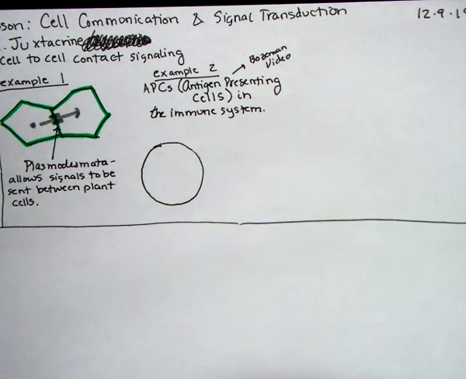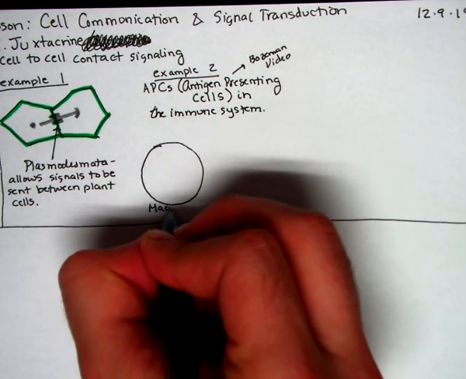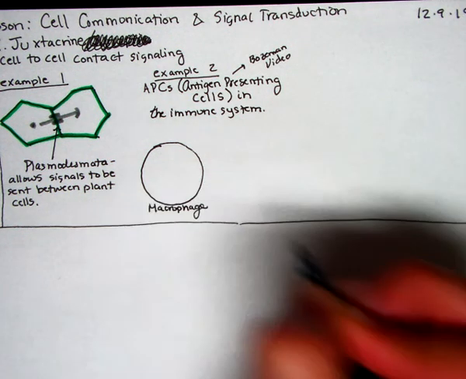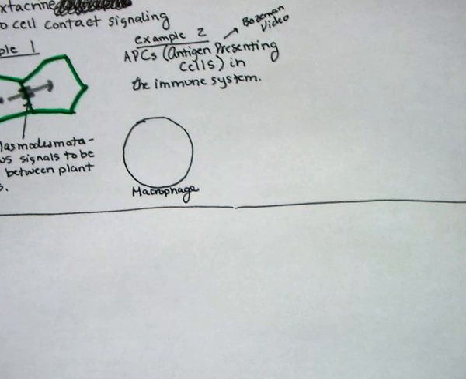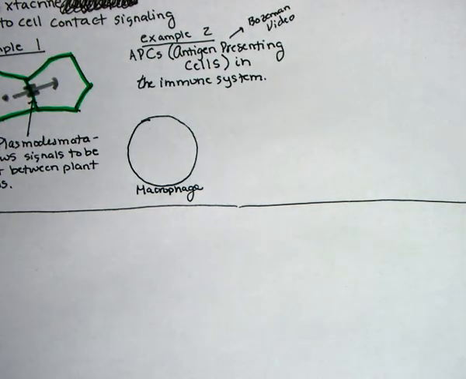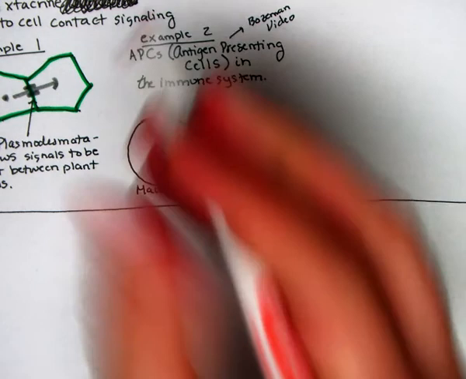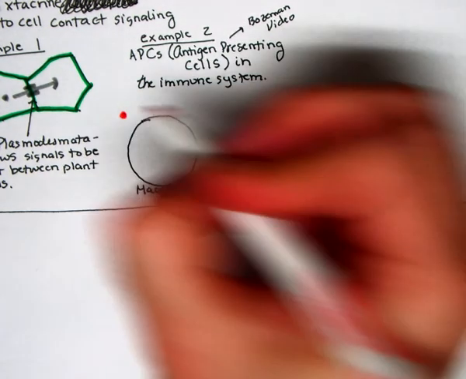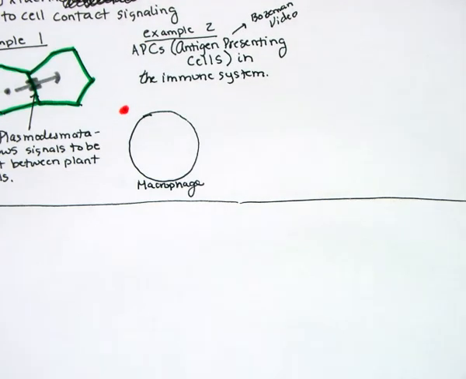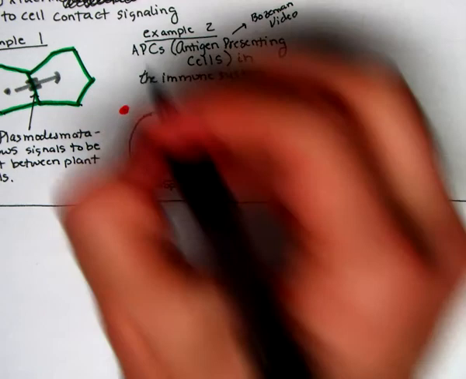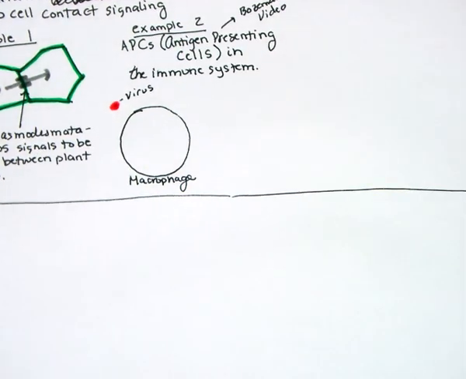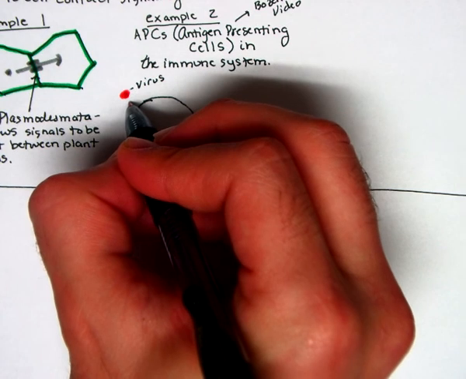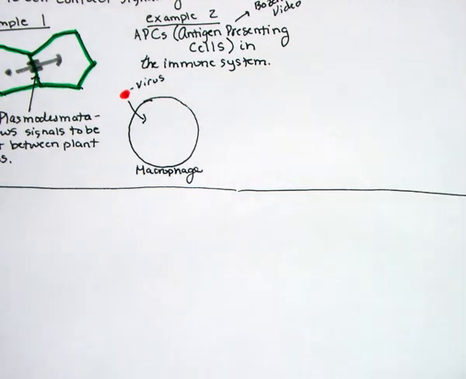a cell such as a macrophage. And the macrophage, its main job is to literally eat things. It'll go around and will ingest, let's make this red piece. Let's say this is a virus. Okay. So it'll go and it'll ingest this virus and it'll capture it.